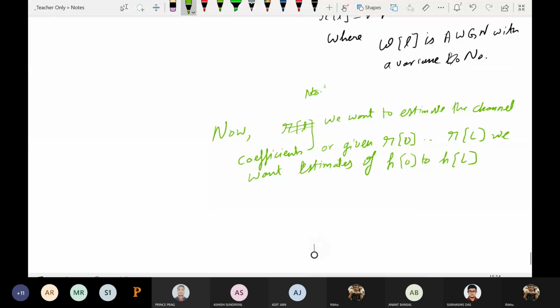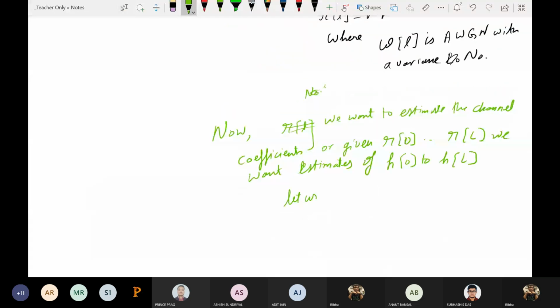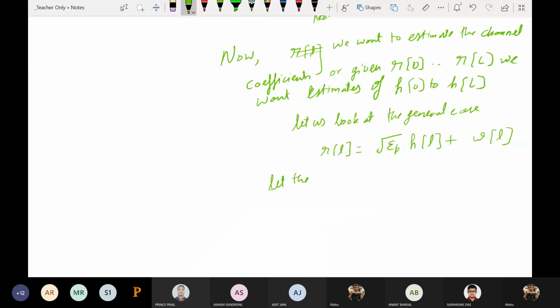Let's look at the general case. Again I will write RL equals root over EP HL plus W. Now let the LMMSE estimate H hat L of HL be CL times RL.